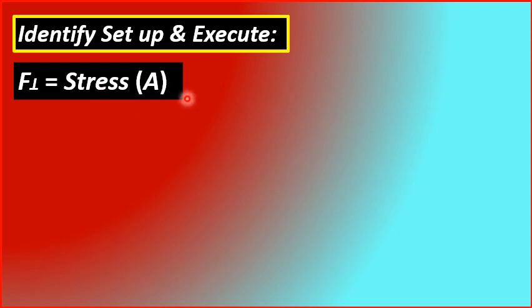Before we can find the value of the maximum acceleration of the elevator, we first find the tension force exerted by the cable on the elevator using this formula. So the perpendicular force, referring to the tension force in the cable, is just equal to the amount of the stress multiplied by the cross-sectional area.